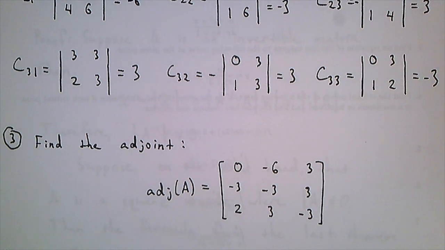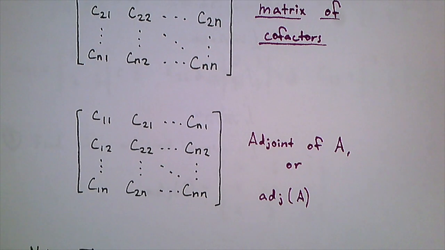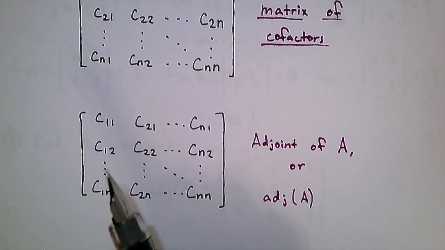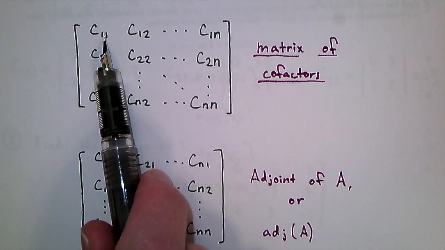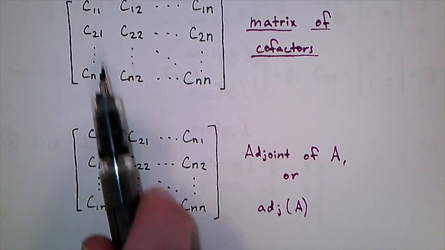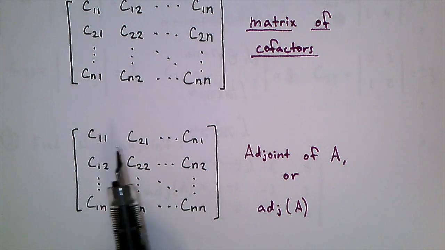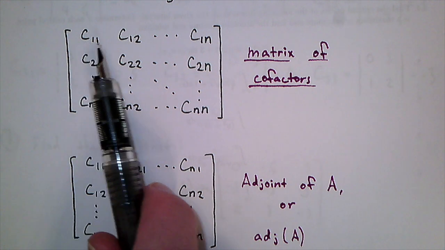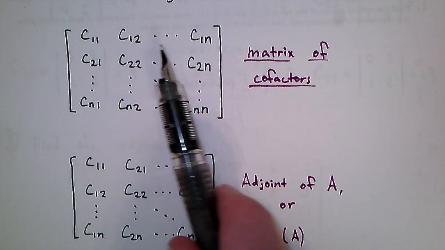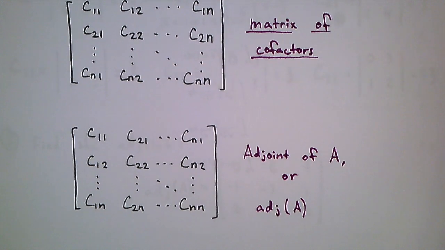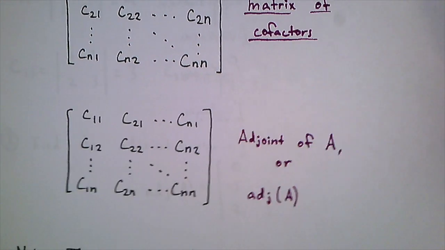So let's think back to what the adjoint is. Here's the definition again. So it's the matrix of cofactors, so the cofactors in their normal positions, and then we've taken a transpose. So you can see the pattern here. This is the normal pattern C11, C12, and then just the corresponding cofactors. And then we swap rows for columns.